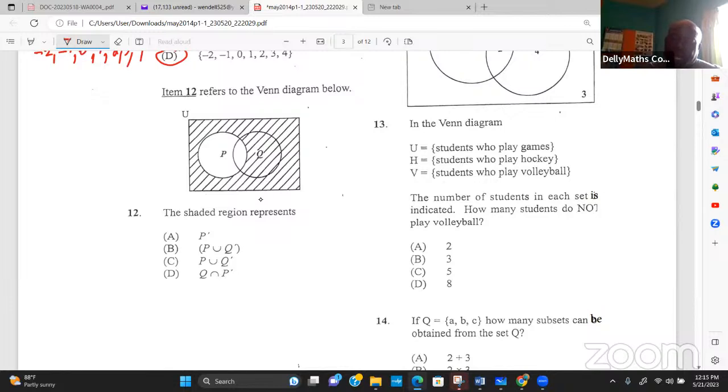And this question, I haven't seen this question for years. This answer is P complement, and it is given by that. And what does P complement mean? It means everything outside of P. That means P will not be shaded. So when you're talking about the complement of a set, that set is not touched, right?